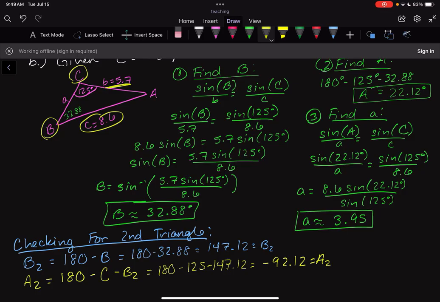So we can ask ourselves, should a triangle have a negative angle? Does that make any sense? No. What this means is that there is no second triangle.